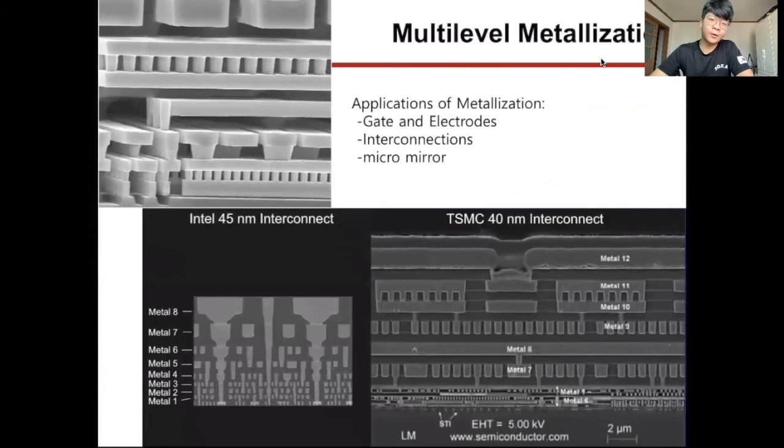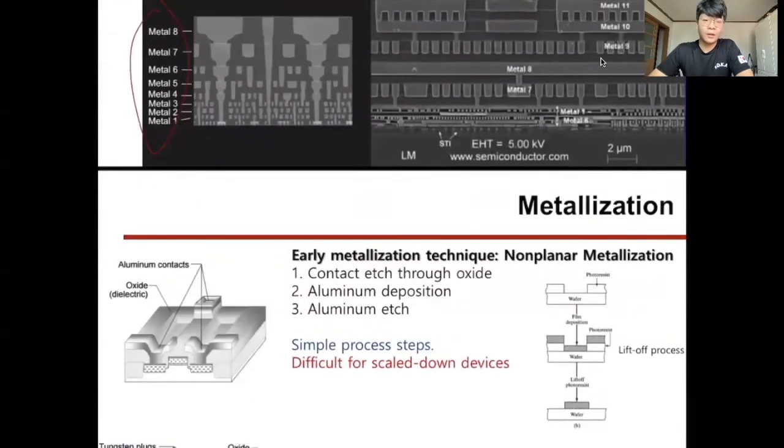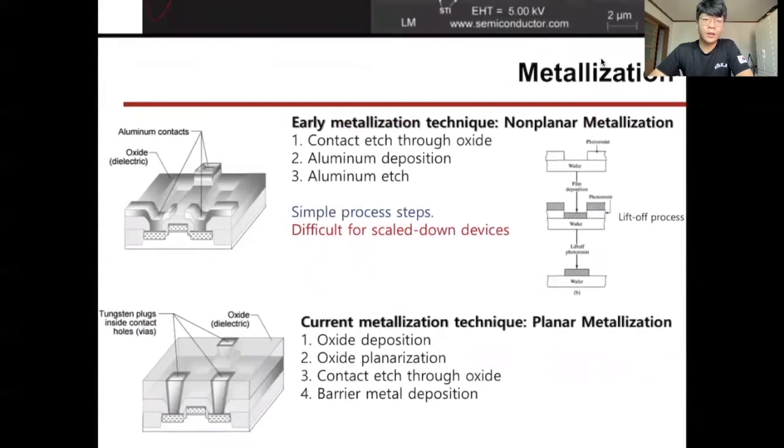Nowadays, there are a lot of levels or layers of metal lines. The older process of metallization is similar to the oxidation. After we make the transistor shape here, we use a mask of nitride and the local oxidation layers.